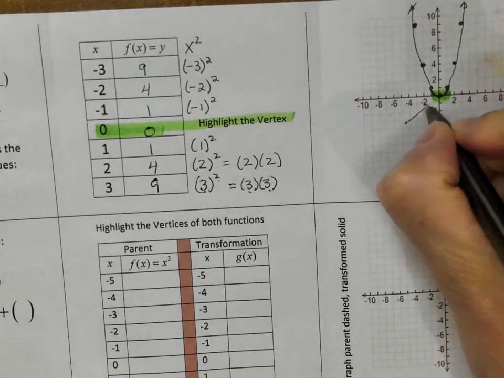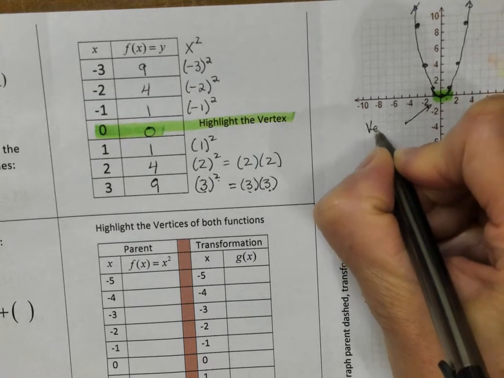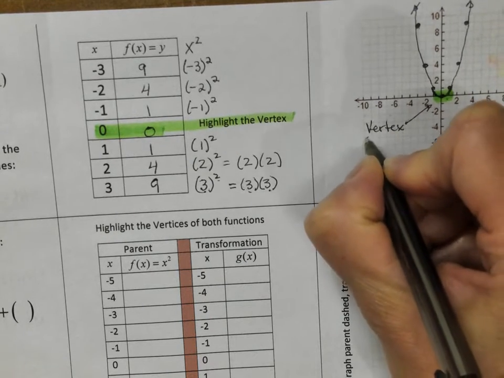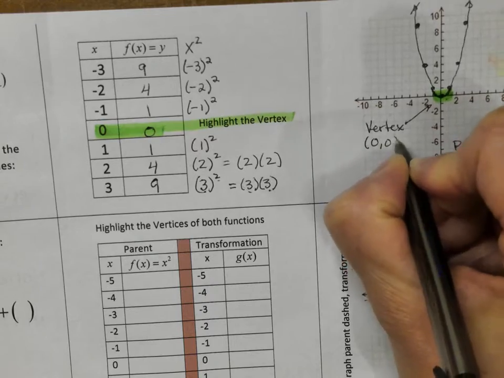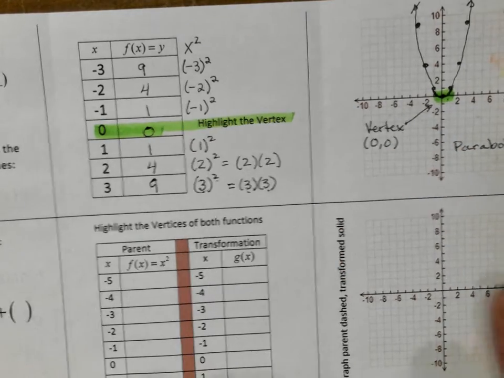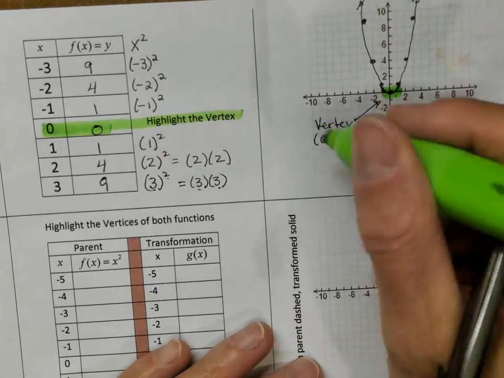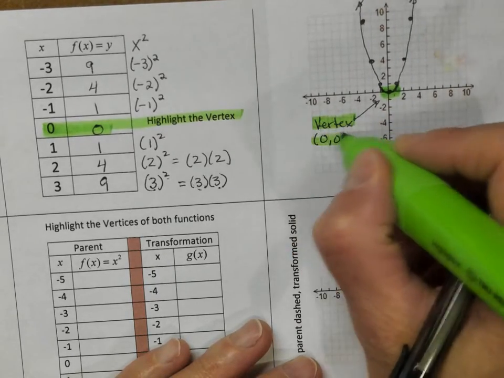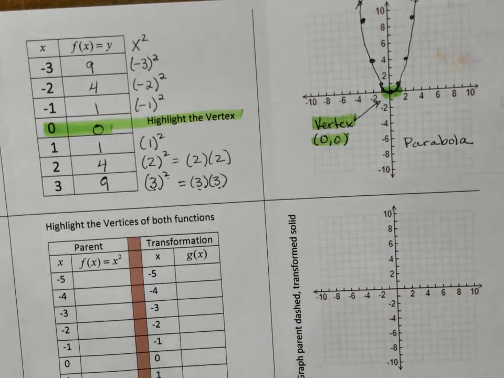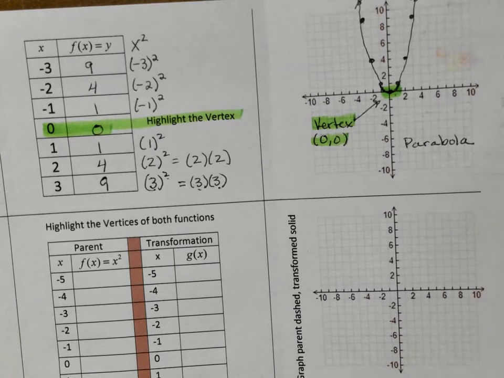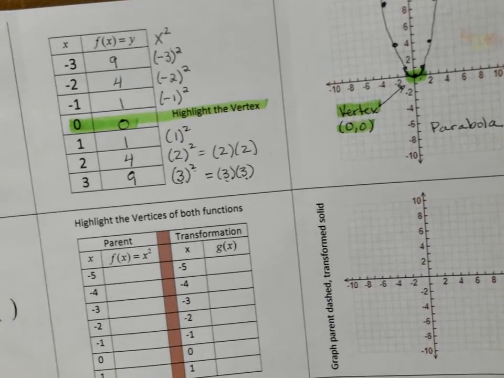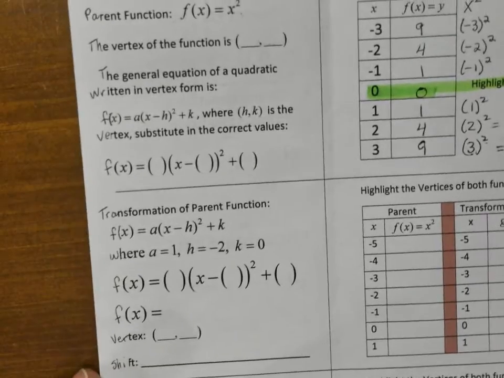Let's go ahead and label this: vertex, which is at 0, 0 for our parent. That's really important because this vertex is going to help us with our transformed function, with what's called vertex form.